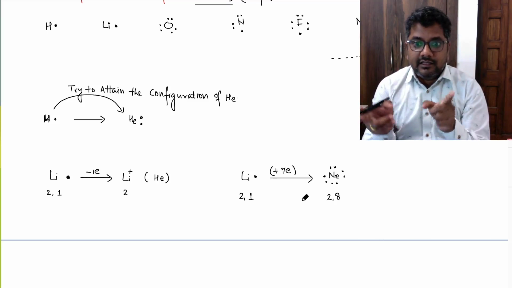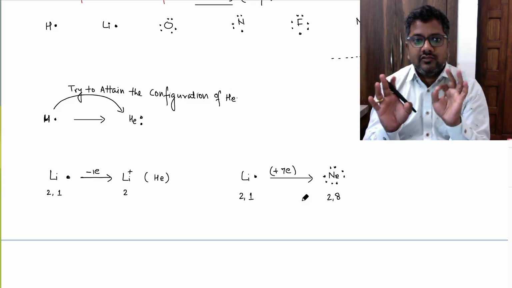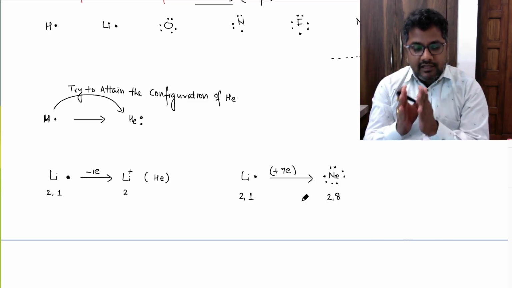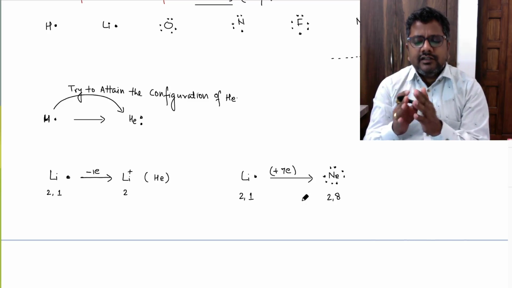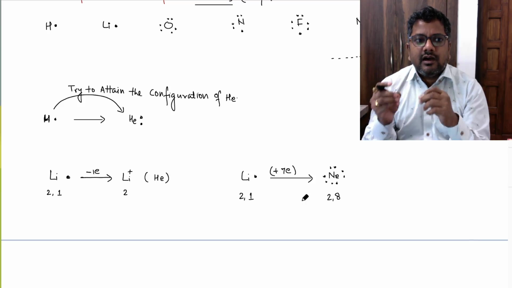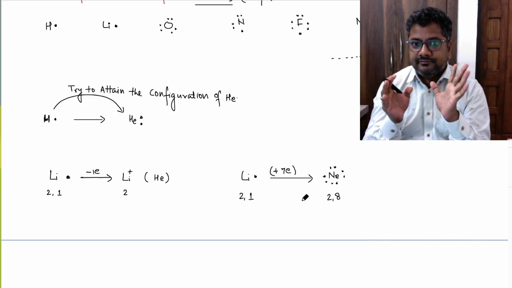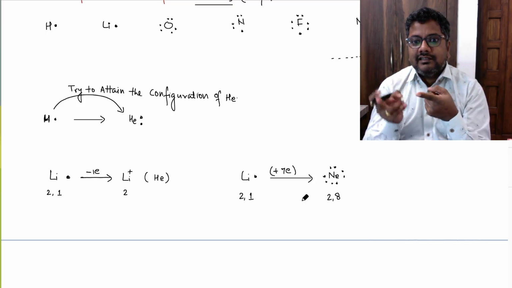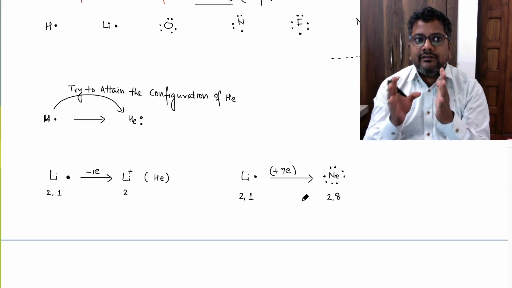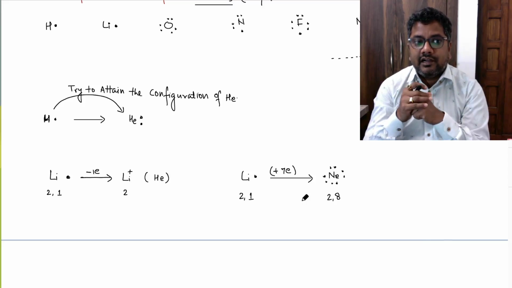And you know this acceptance of 7 electrons is difficult. Lithium can accommodate 8 electrons in the valence shell, but hydrogen cannot. Lithium can, but you will not find any stable compound in which lithium attains 8 electrons in the valence shell. Remember and carefully listen to my words: you won't have any stable compound in which lithium attains 8 electrons in the valence shell.